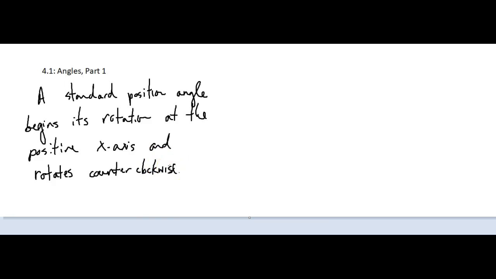So if you see that described in a question on a test or by anyone else, the standard position angle actually begins like this. The x-axis is the initial side, the positive x-axis, and we will rotate counterclockwise. So that's a standard position angle.